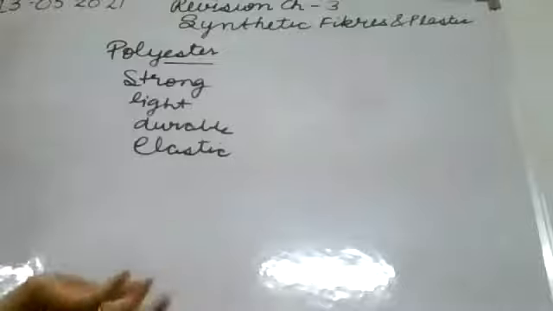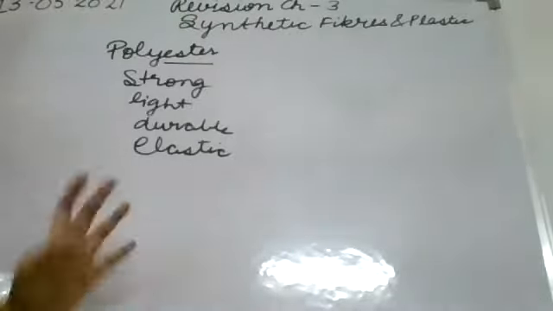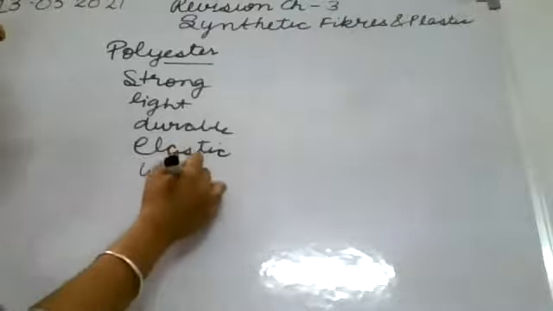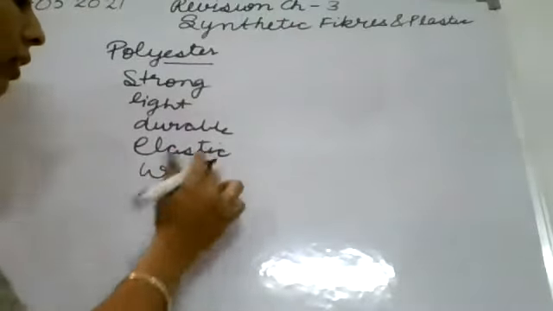And you can also make dress material from it. Only characteristics and uses are given in your book. It is also written that it cannot get wrinkled easily. So it is wrinkle resistant.